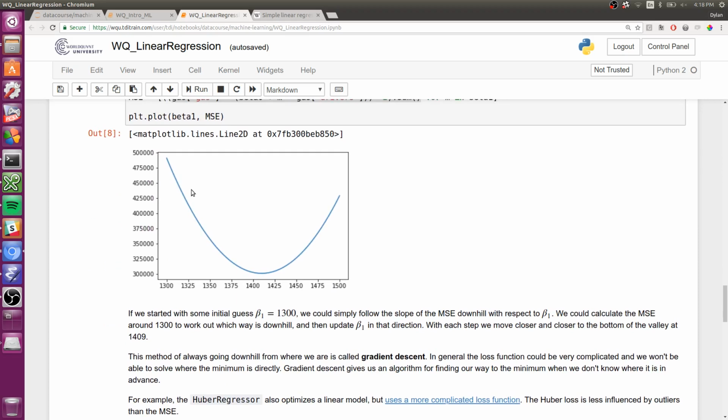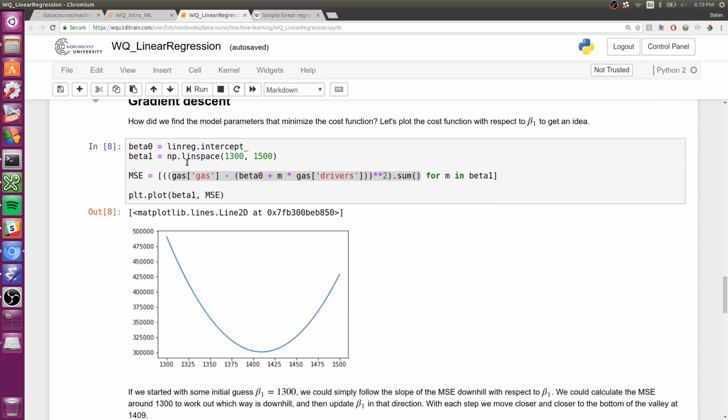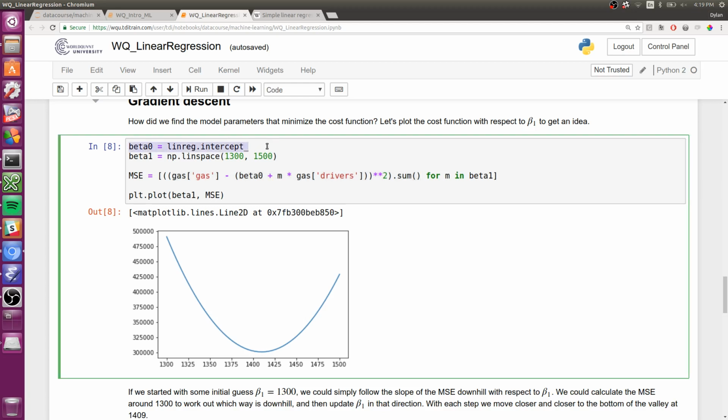Now, what gradient descent means is, let us imagine for a moment we had made some guess of what our model parameter should be. We guessed beta naught to be this value, and we guessed beta 1 to maybe be 1350. So we were here. Now, how should we minimize the mean squared error?